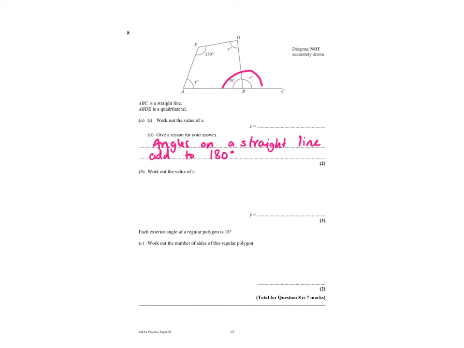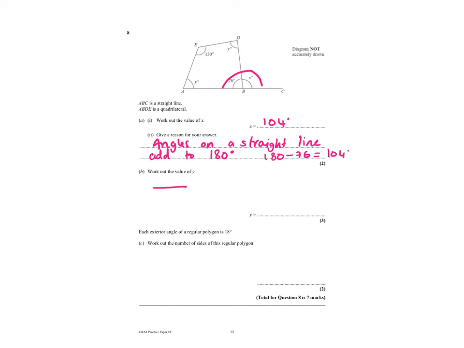So 180 minus 76 equals 104 degrees. So my answer for x is 104 degrees.